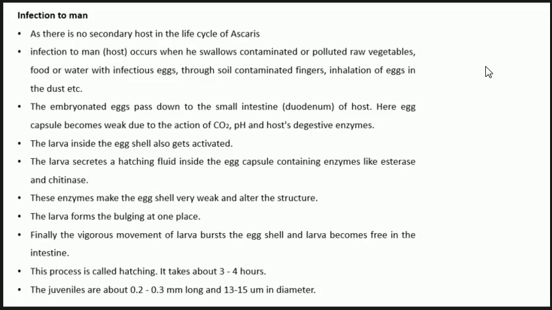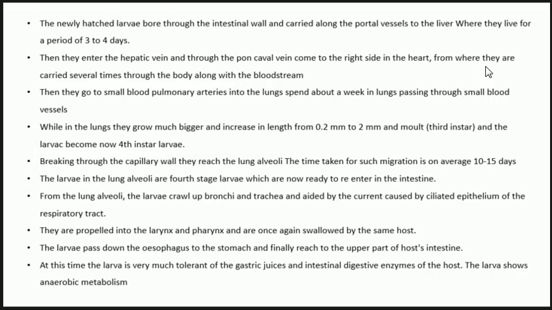So it will not remain as it is. Newly hatched larvae bore through the intestinal wall and are carried along the portal vessels to the liver, where they live for a period of 3 to 4 days.